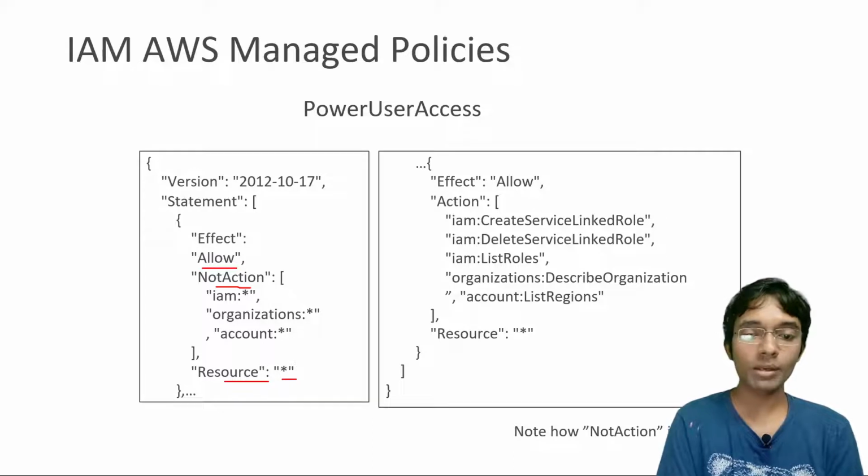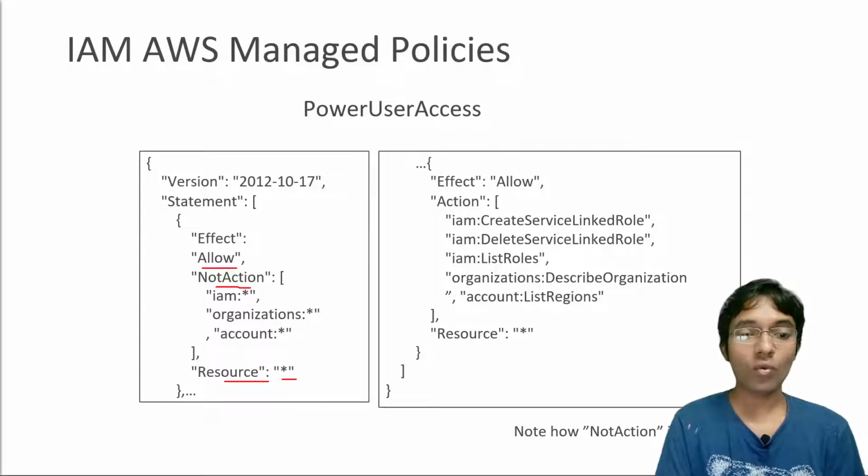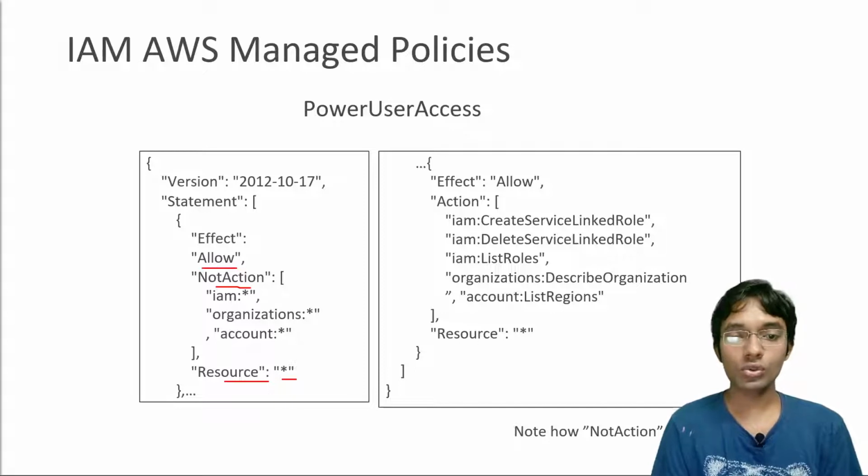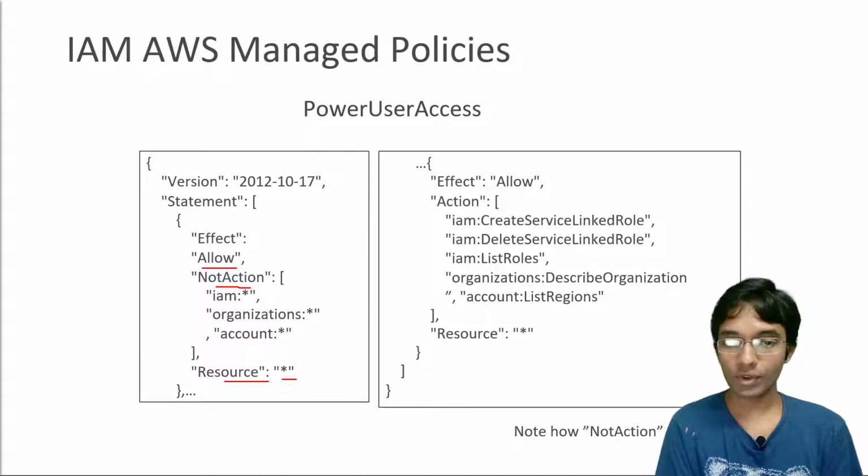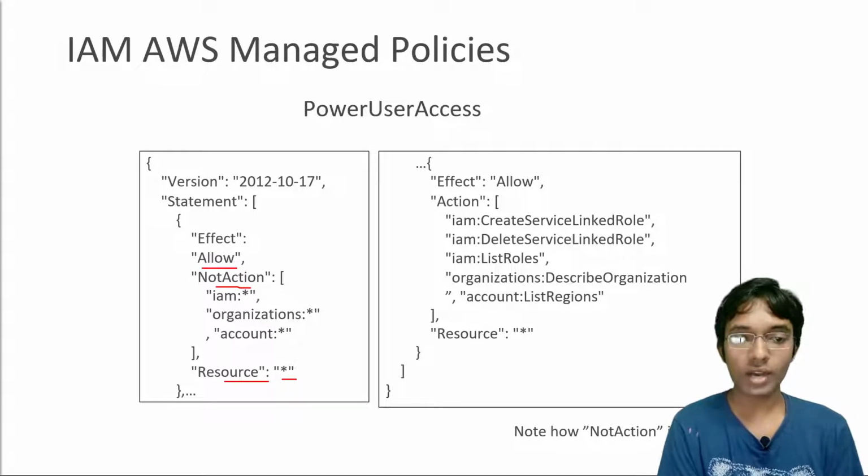So you may be asking me, why is NotAction used and not just effect deny? If you use effect deny, then you specify these three actions, and then you specify effect allow for these five actions.